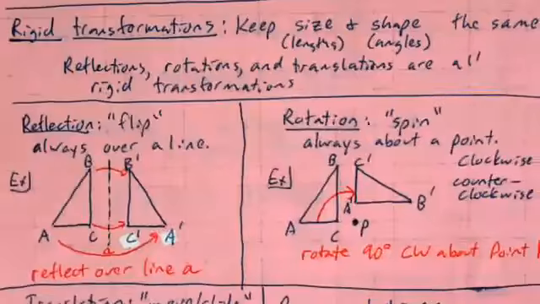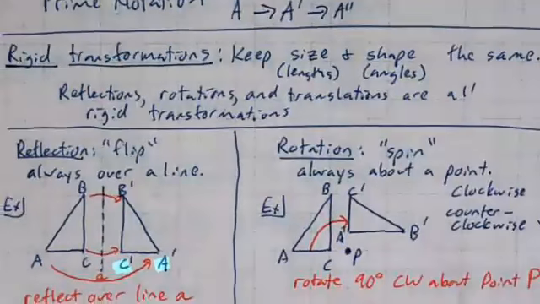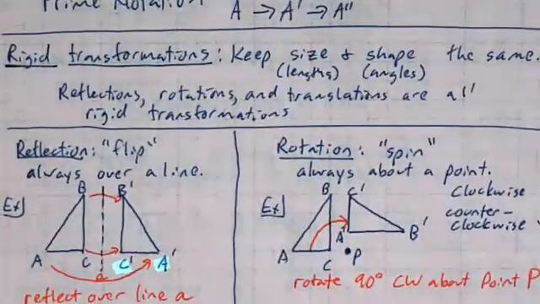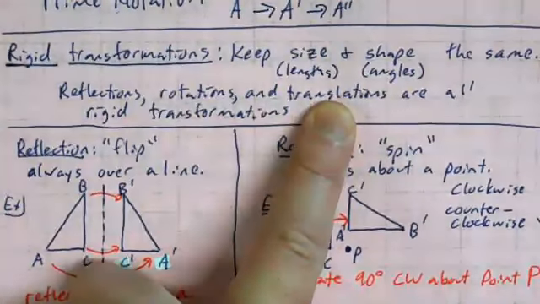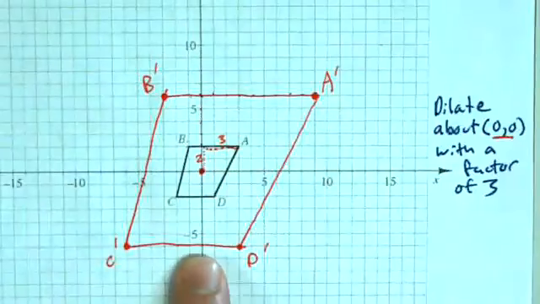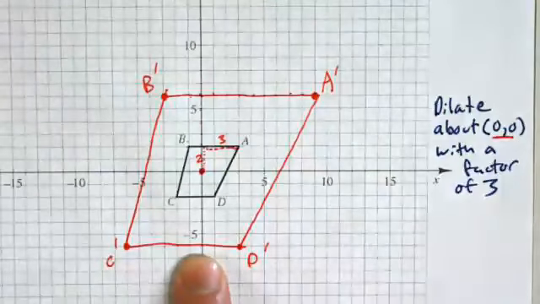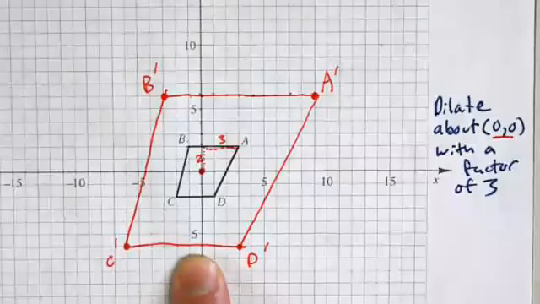Do you all remember when we talked about rigid transformations? Rigid transformations were things that preserved or kept 2 things the same. The size and the shape ended up being the same. Right? We said that reflections, rotations, and translations were all rigid transformations. We just added a new type of transformation. A dilation is also a transformation. Is it a rigid transformation? Rigid transformations keep the same size and the same shape.